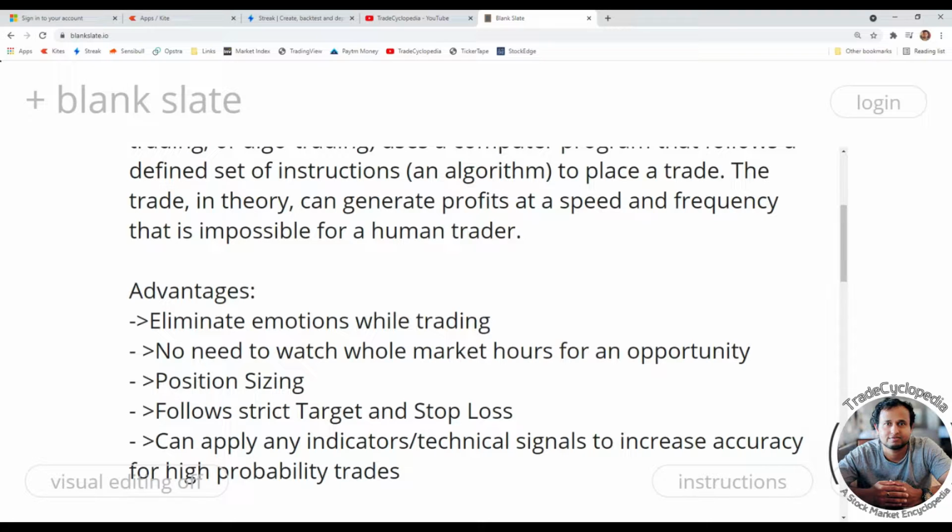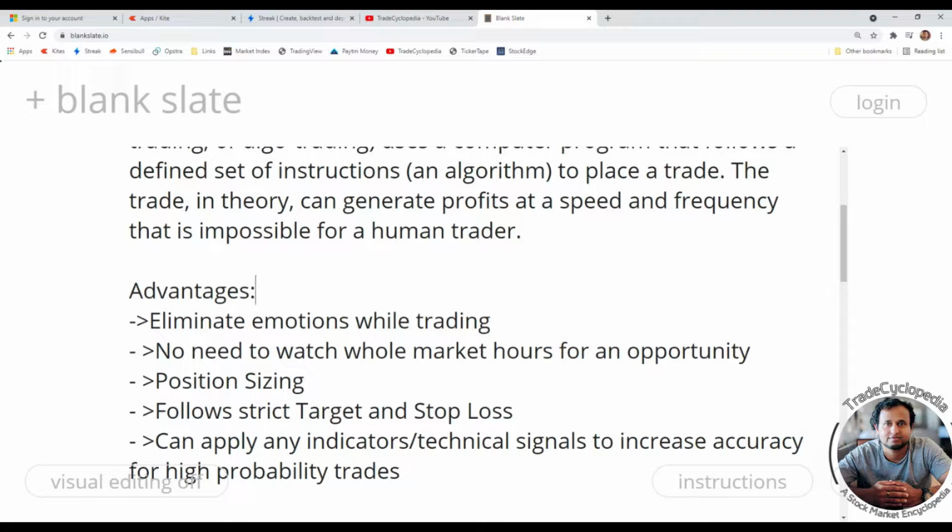That instruction we give him is an algorithm, and the trading method is called algorithmic trading or algo trading. And the platform, or the front end, or simply the robot itself, is called an algo trading platform. So you really need a platform to do algo trading.